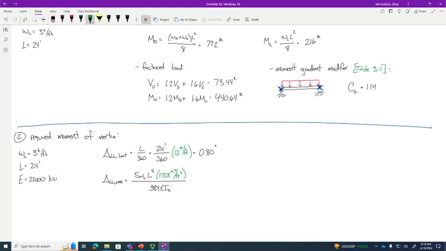So I'm going to set this expression equal to 0.8 inches. And then I'm just going to solve for Ix. And how do I solve for Ix? Just swap the 0.8 and the I.